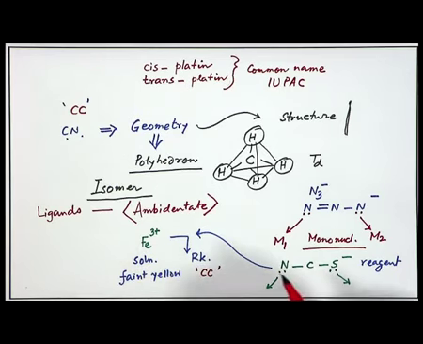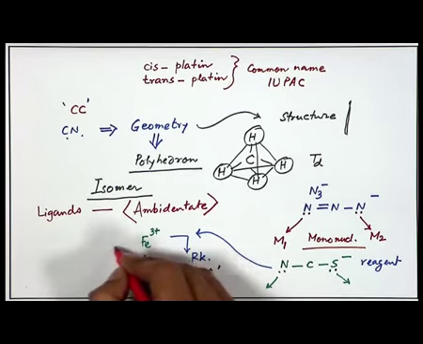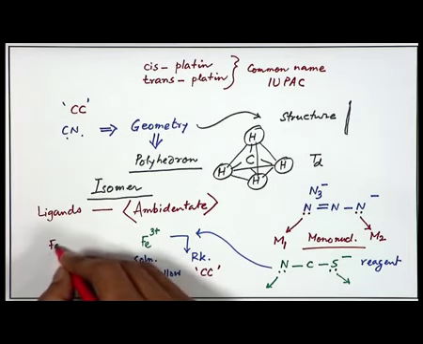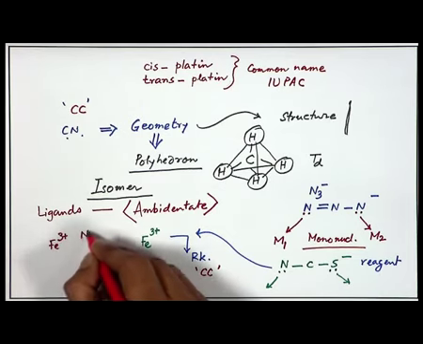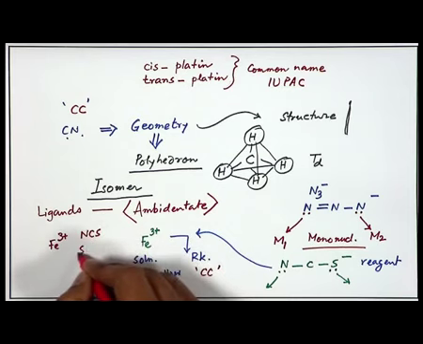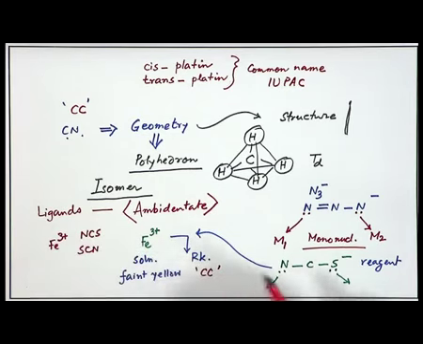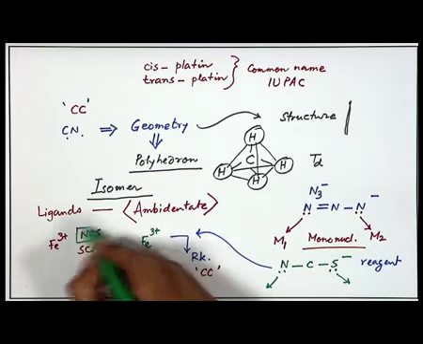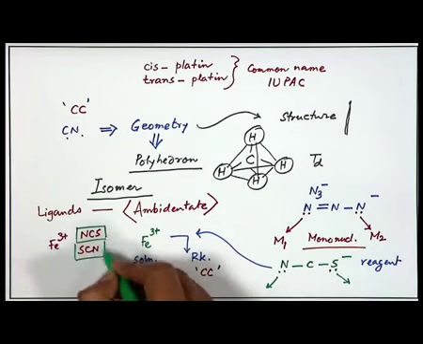So, this iron will have the option. Either this iron in Fe3 plus is coordinating to NCS or it can coordinate to SCN. Either it can bind through nitrogen or through sulfur.